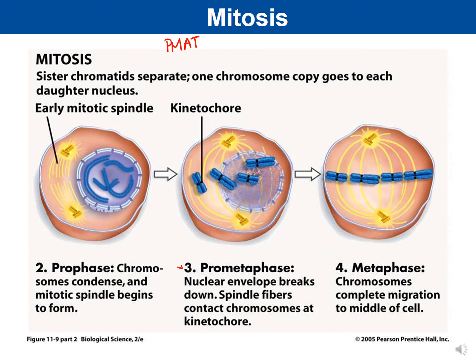Metaphase, okay, in metaphase, think middle. What's going to happen in metaphase is that the chromosomes are going to line up along the metaphase plate, which is this imaginary equator in the cell. It's the middle of the cell. And you'll notice that the way they line up is each sister chromatid faces a different centrosome.